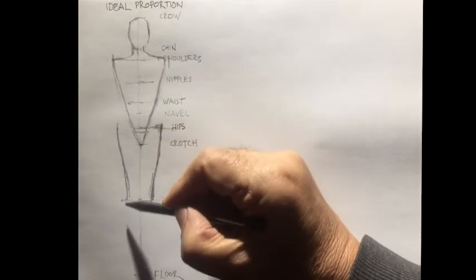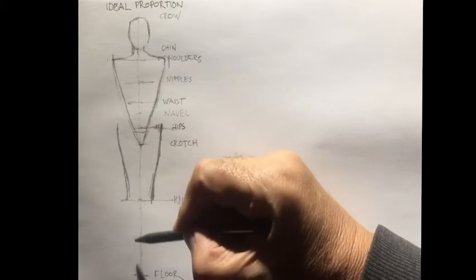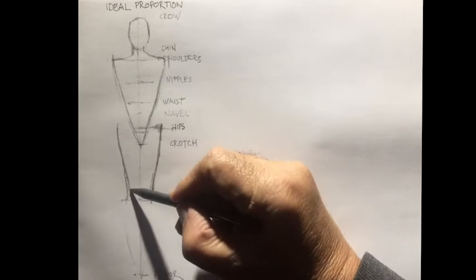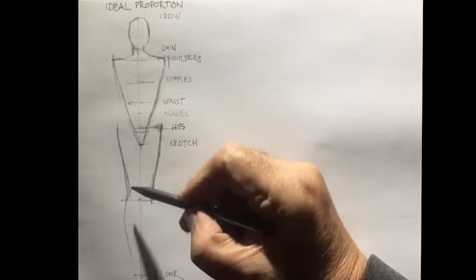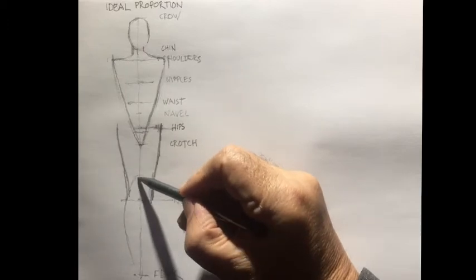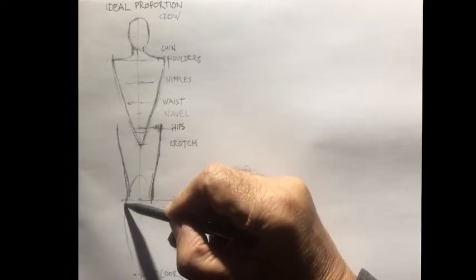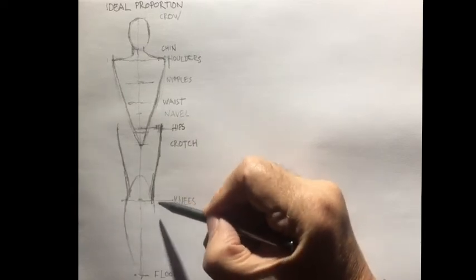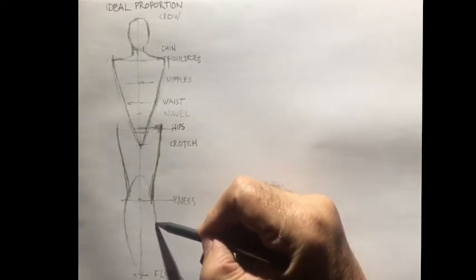This comes up to where the hips are. And then the calves is really just a smooth shape from there, around there, coming up a little bit like that, like I don't know what, like a surfboard, something like that.